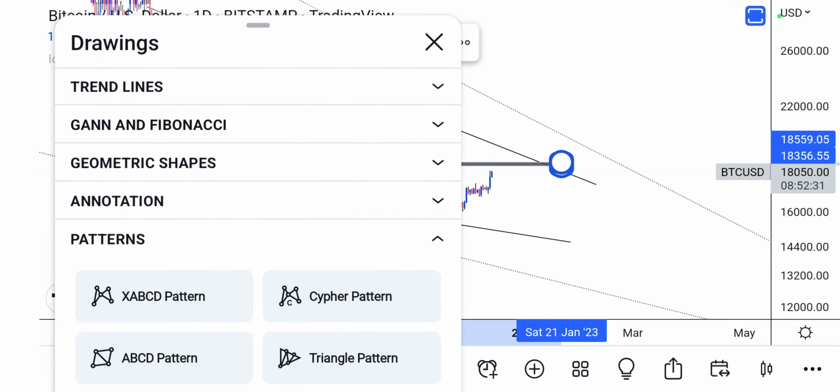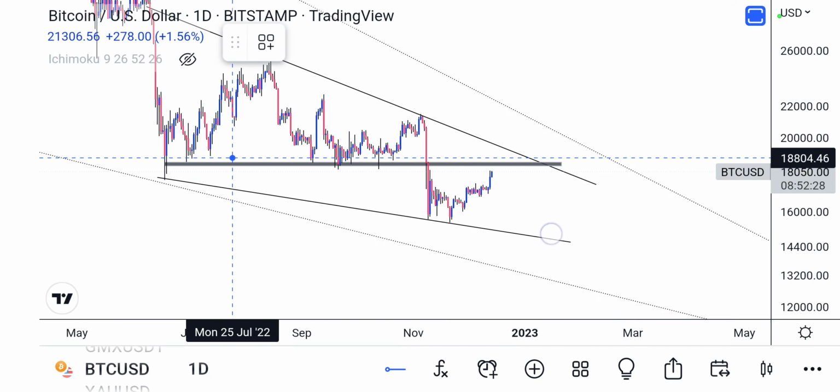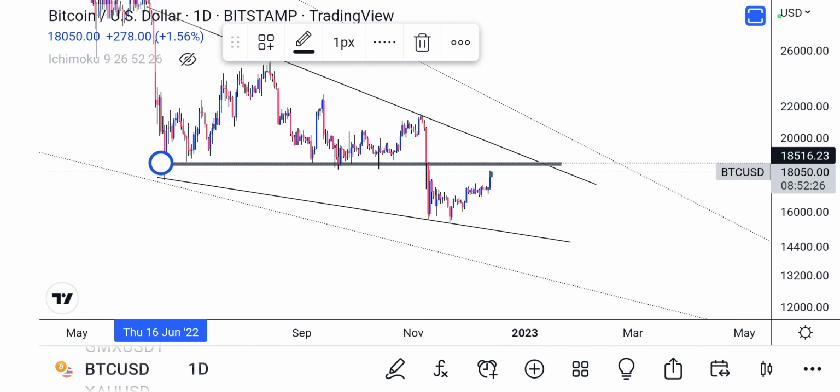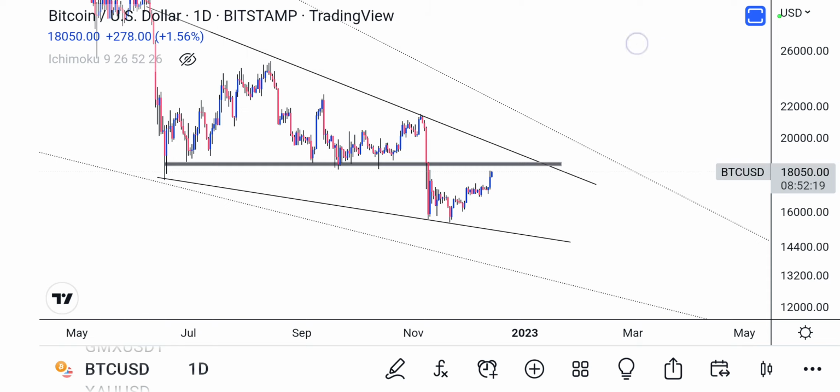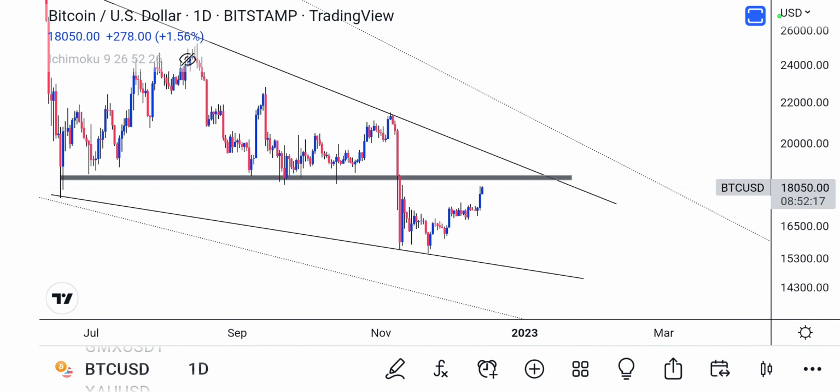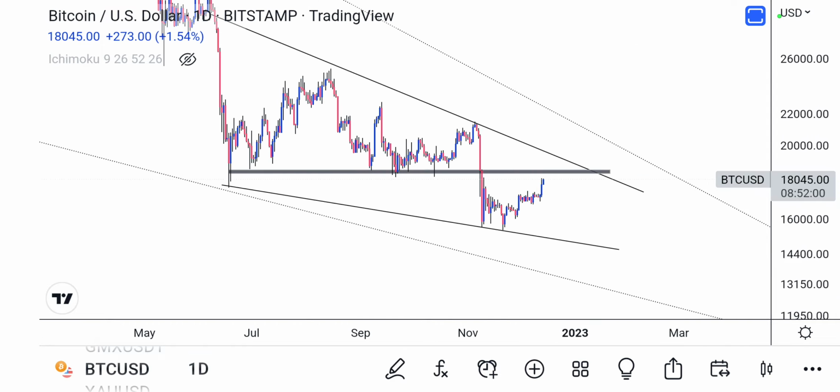We're talking about 18,500 or a little bit above it, and if it breaks that level, we might be looking at a test around here, which is very important. Once price gets to that level and breaks above it, we might see some kind of push to the upside. So let's go down to lower time frame.